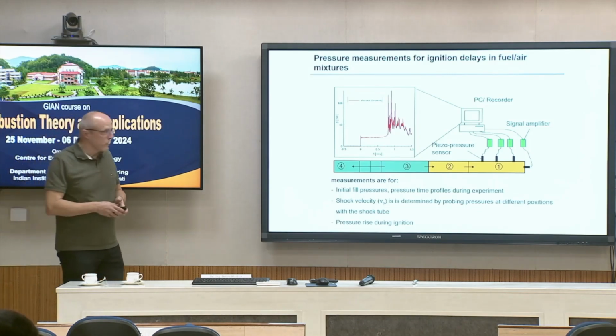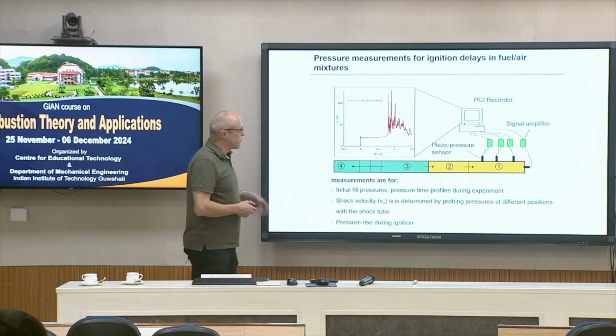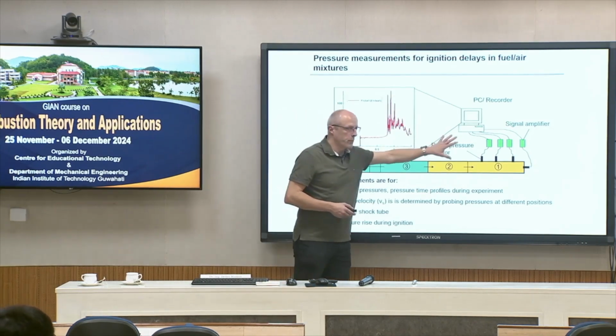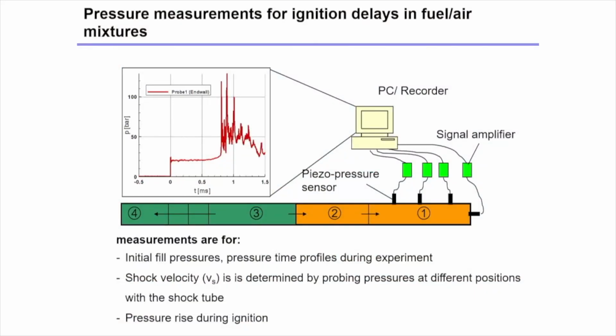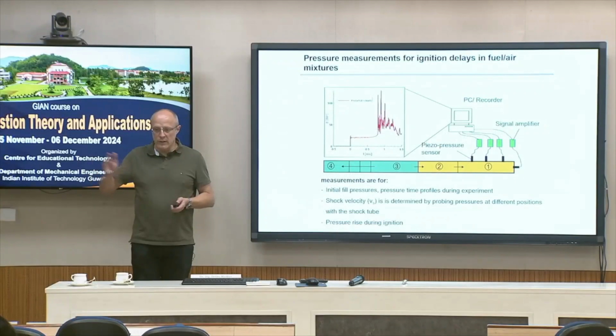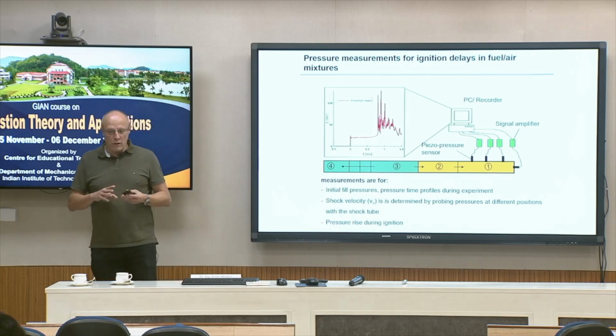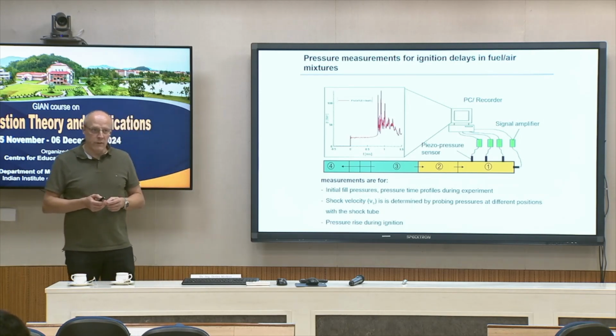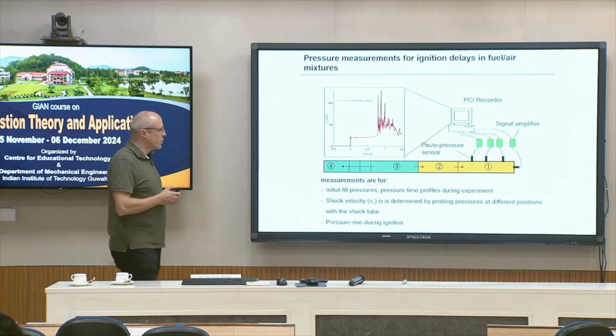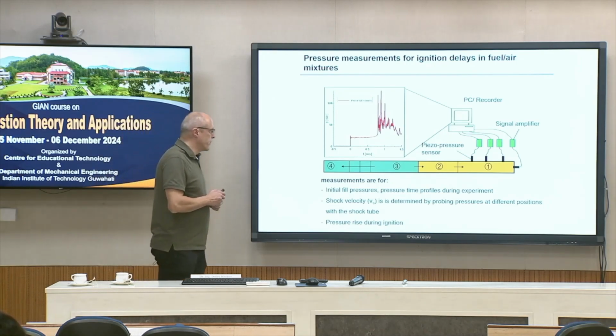So how does it look like? So first of all, we can use piezo pressure sensors. Even though some of you have worked here with temperature sensors. So the classical setup is using piezo pressure sensors, and then you can, for example, yield the velocity of the shock by different positions of your pressure sensors.